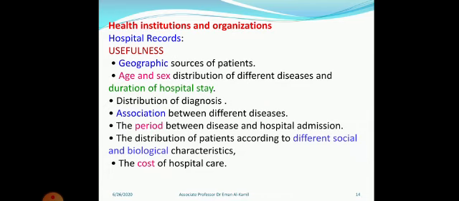It is also important to know the period between disease and hospital admission, the gap between when the individual has the disease and when the individual is admitted to the hospital.